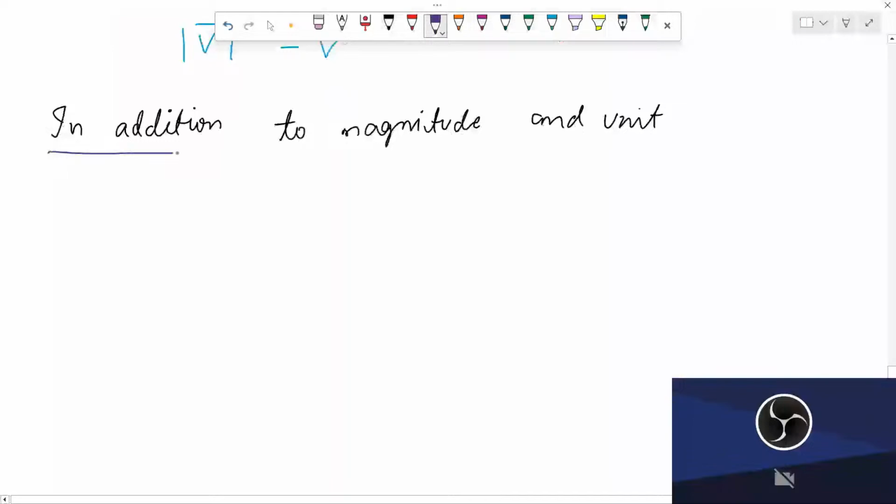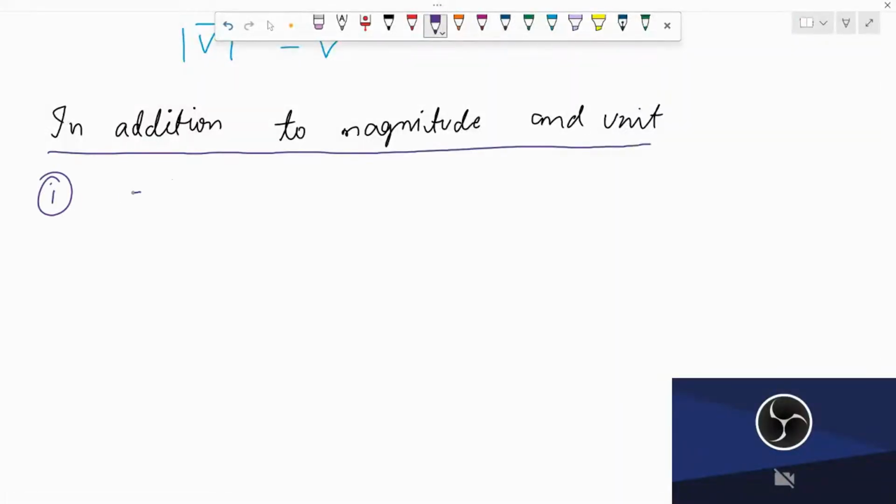In addition to magnitude and its unit, first point, it has a specific direction.